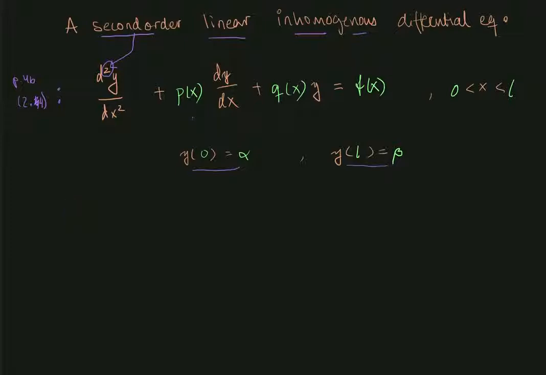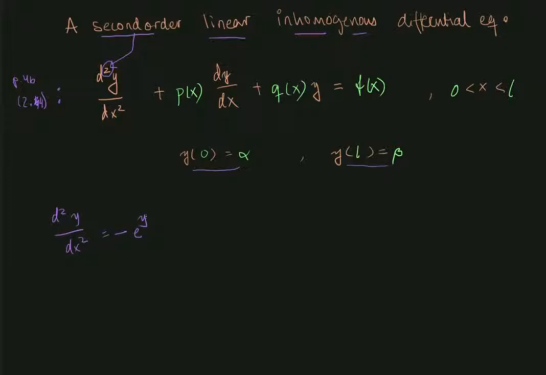Okay, so why do I say that this is a linear differential equation? Well, the reason why it is linear is because y and the derivatives of y, so namely y, the first derivative, and the second derivative, are all in a linear combination in this differential equation. So what would not be a linear differential equation? That would be something along the lines of a differential equation where the second derivative of y is, for example, minus e to the y.